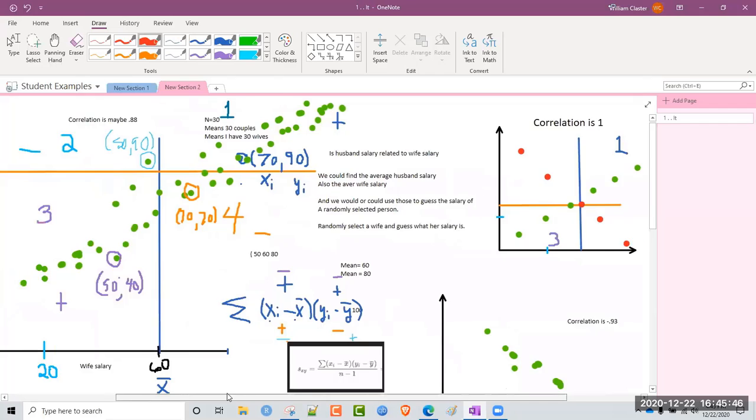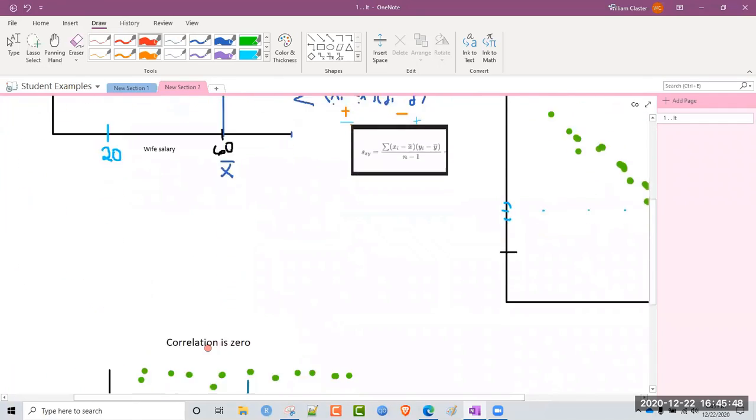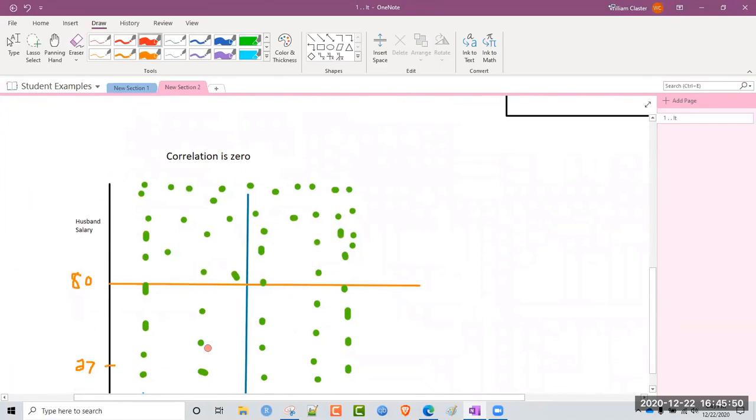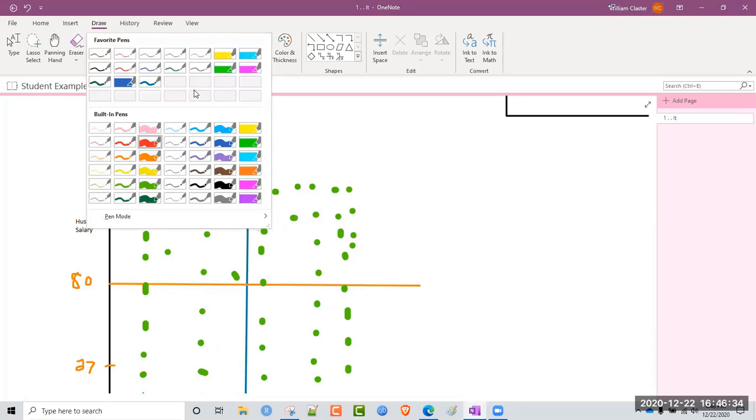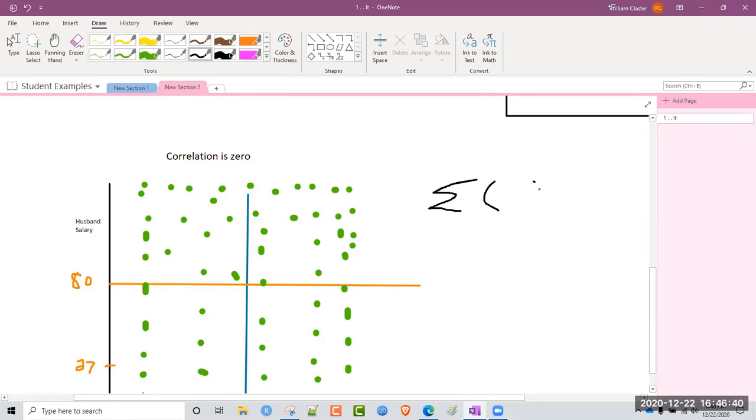Now, what happens if the dots look like this? Then I'm going to get a lot of positive here, a lot of negative here, a lot of positive here, and a lot of negative here. So what's the total going to be? Remember, we're talking about this sum. Would it be 0?